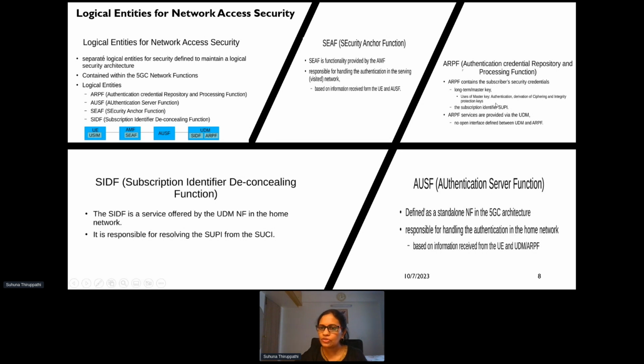All the keys are stored as part of this ARPF. This is part of UDM. There is no standard interface between the UDM and ARPF, but the functionality is being served from the UDM.